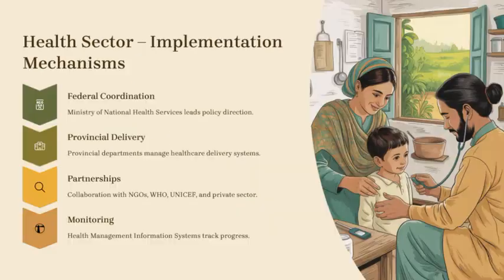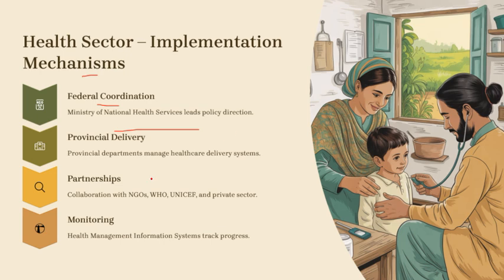Now let's look at the healthcare implementation mechanism at the federal level. The Ministry of National Health Services plays a role in policy making and coordination, while each provincial health department provides primary, secondary, and tertiary health care.